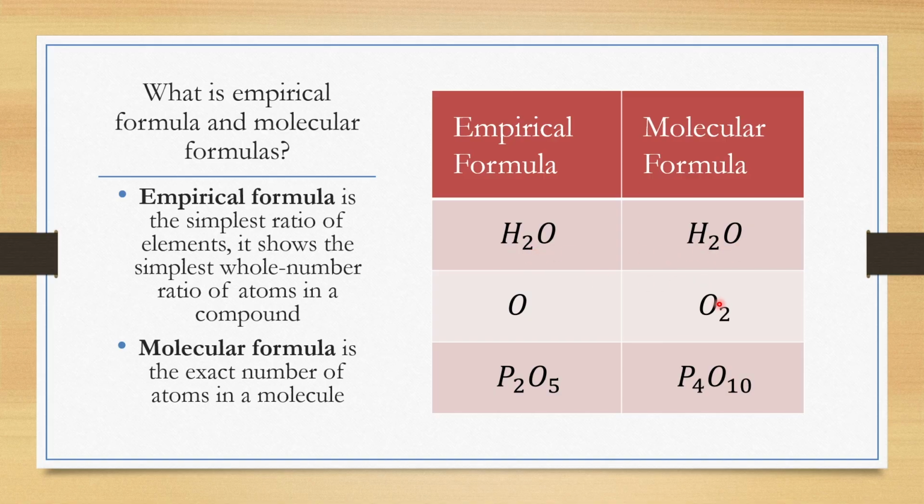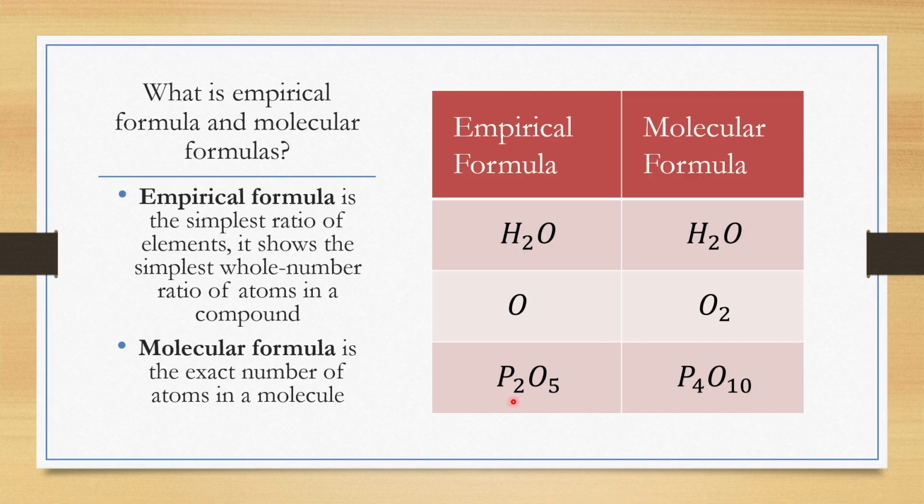And then for O2, we have O2 as the molecular formula, and then the empirical formula is just oxygen. This is because O2 can be simplified if we divide it by 2. And then for empirical formula, we have P2O5, and then the molecular formula is P4O10.